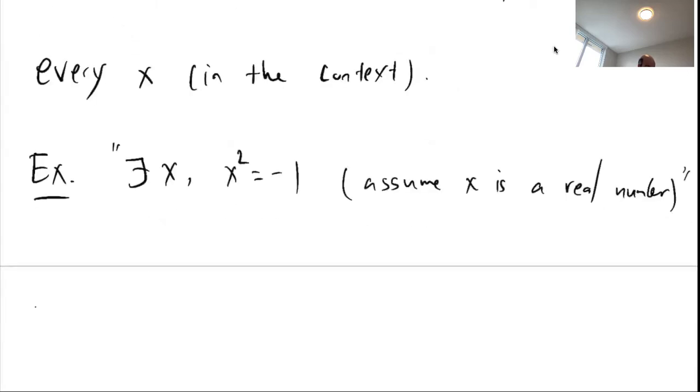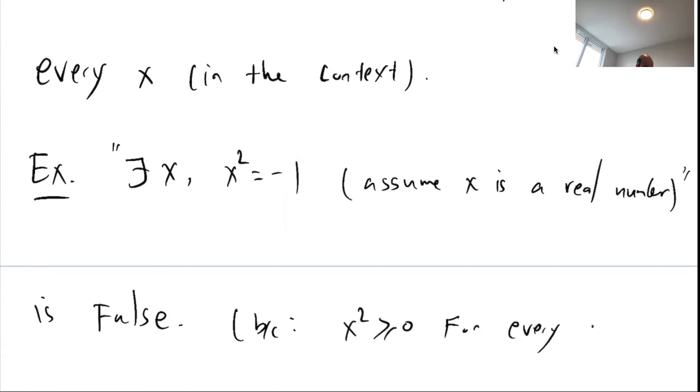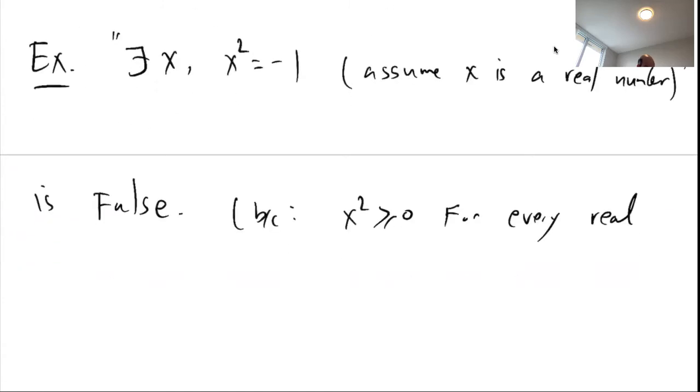So this statement is false, right? Because x squared is bigger than or equal to 0 for every real number x. So I can say that x squared equals -1 will never be true for any value of x. And therefore there exists x with x squared equals -1 is false.